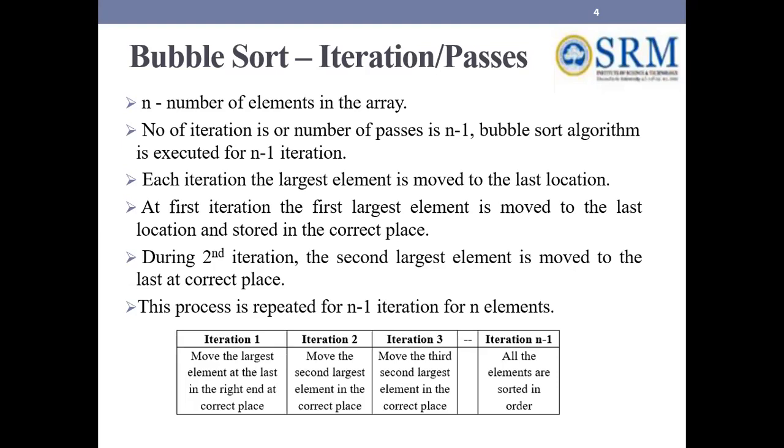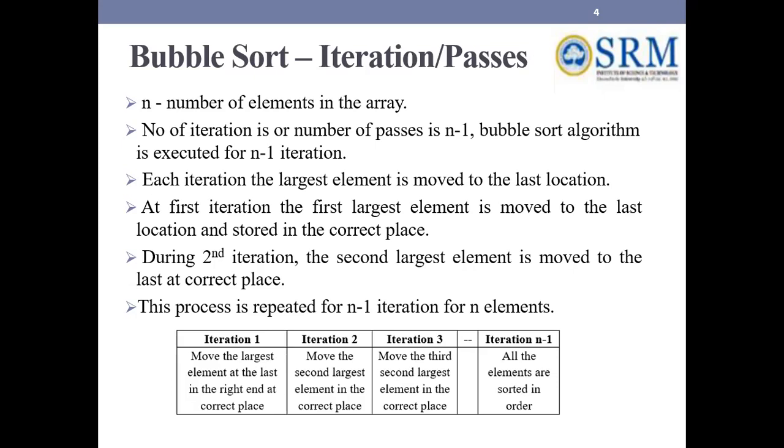For example, see the table. Iteration 1, the maximum element is moved to the right end. Iteration 2, the second largest is moved to the right end, inserted in the correct place before the maximum value. Iteration 3, the third largest element is moved to the right, before the second largest and first largest.